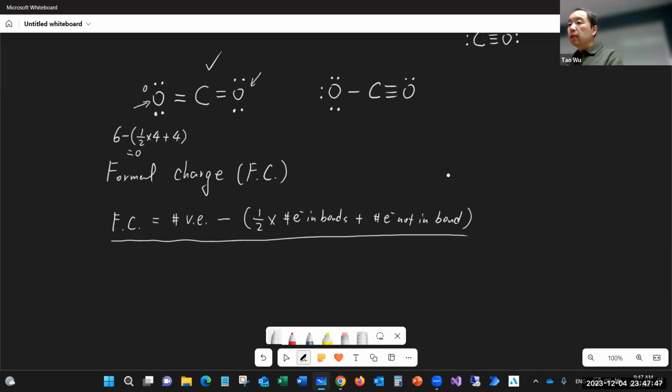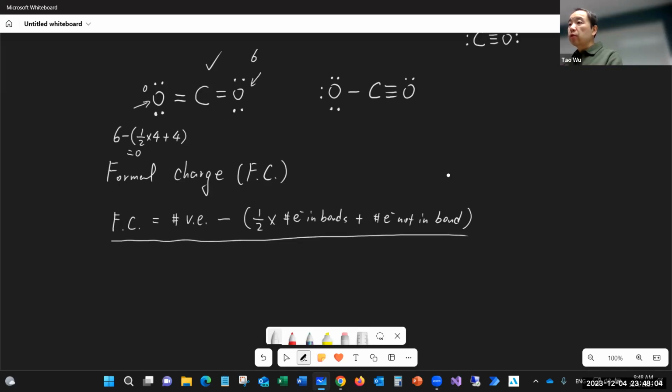Then if we look at this other oxygen, it's generally the same thing. Those two are exactly the same. They also have 4 dots not in bonds and 4 electrons in bonds.